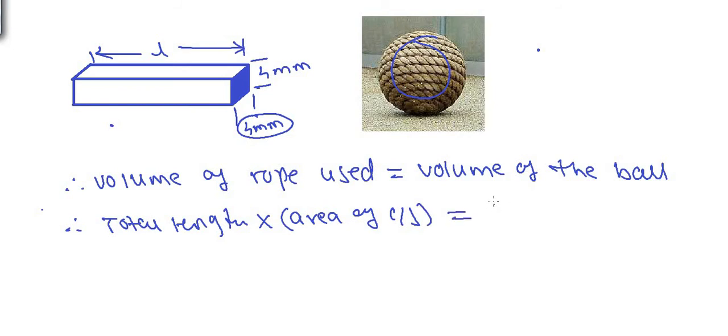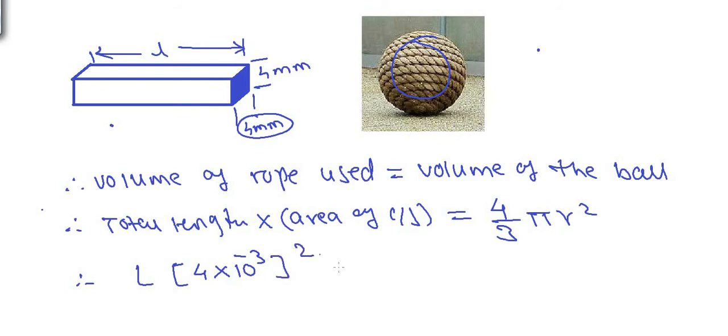Now ball is spherical in shape, so volume can be written as 4 by 3 pi into r cube. Therefore let L be the total length required. Area of cross section is edge length square, which is 4 mm into meter. It can be written as 4 into 10 raised to minus 3 square. That is equal to 4 by 3 into pi into r square.